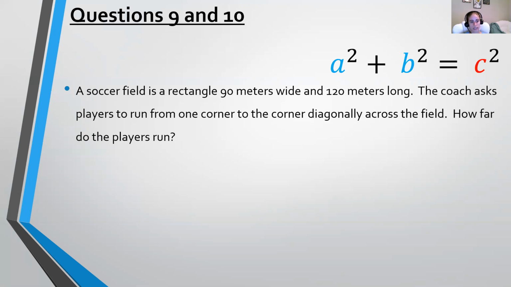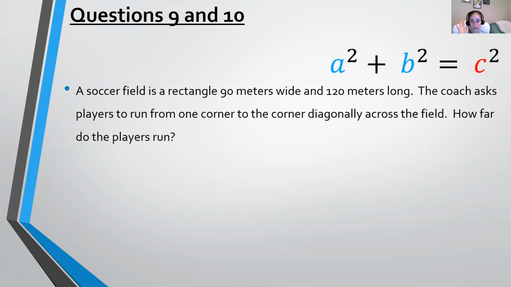A soccer field is a rectangle 90 meters wide and 120 meters long. The coach asks players to run from one corner to the corner diagonally across the field. How far do the players run? My biggest suggestion when it comes to word problems is to draw a picture, because you're going to see that the work is not super different.